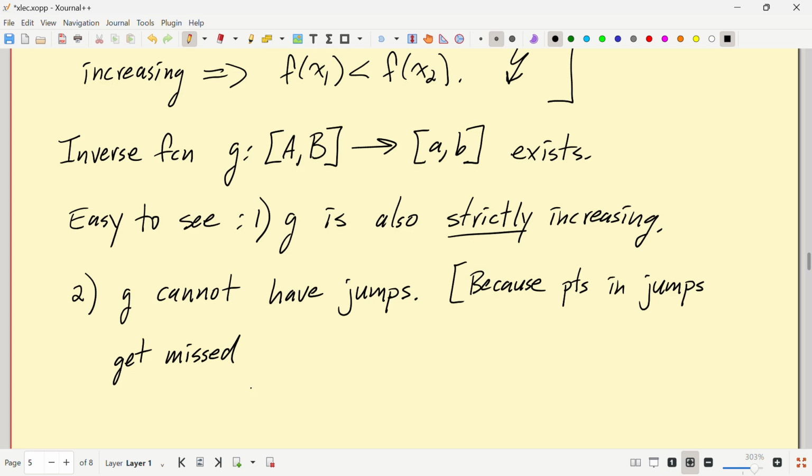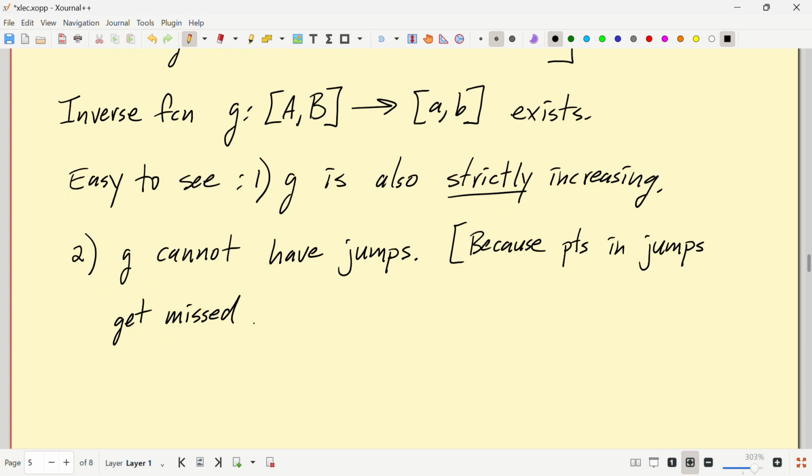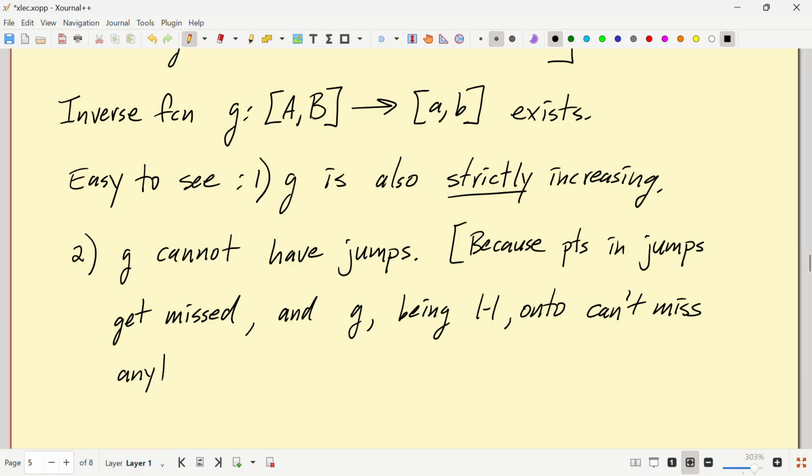And g being one-to-one and onto can't miss anything.